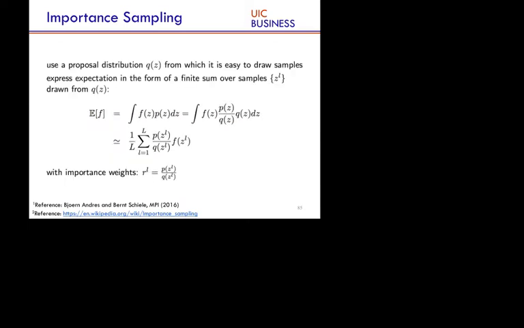So importance sampling is a way to fix that by saying, okay, I have this integral, and I'm just going to multiply and divide with another function of the same argument z, in this case q of z. And then I think of this new term, which involves 3 terms now.